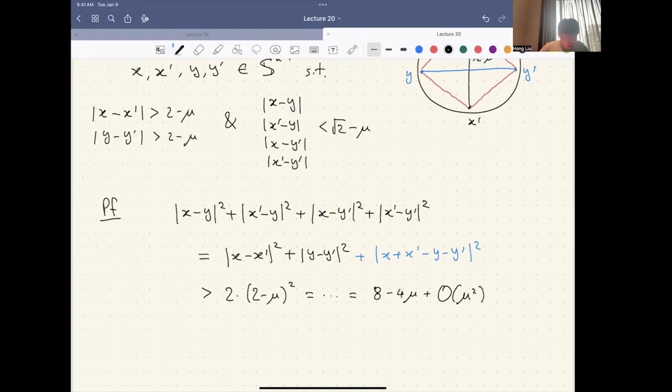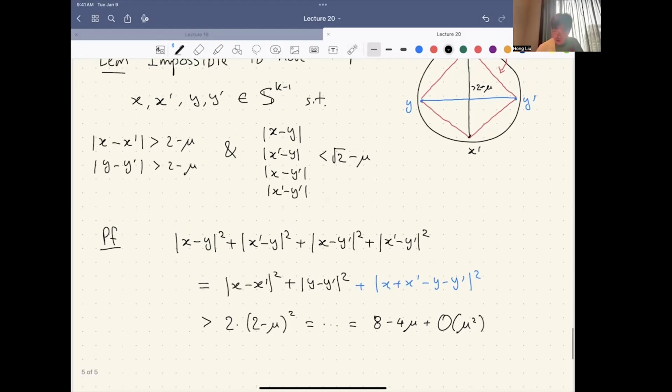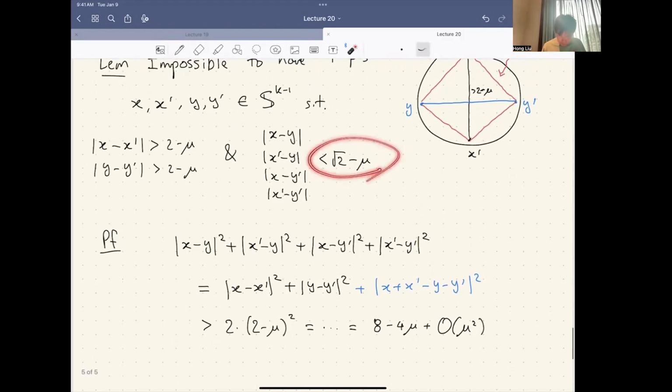So now let's upper bound it. How do we upper bound it? Easy. We know all four sides satisfy that.